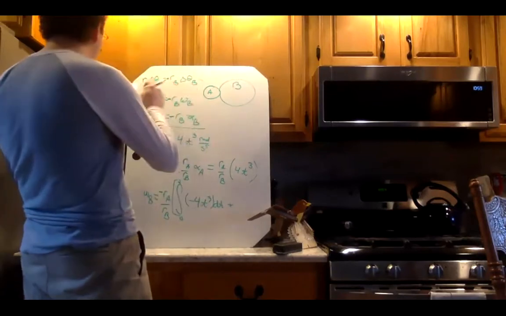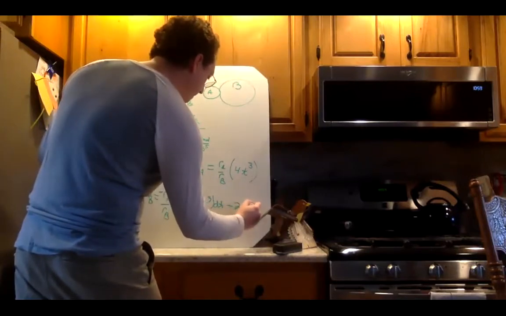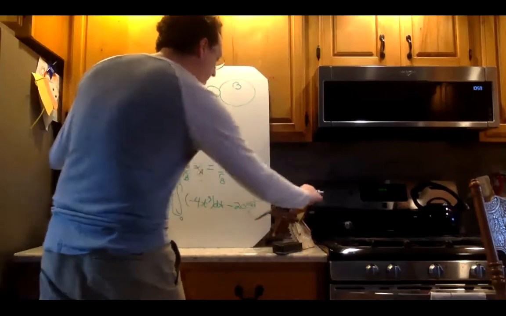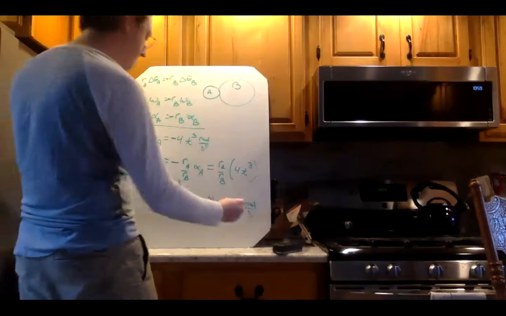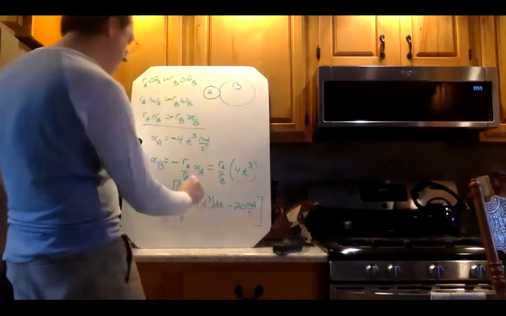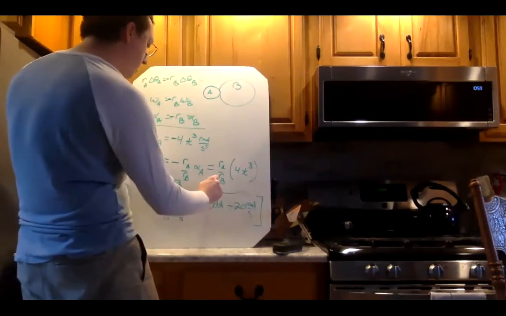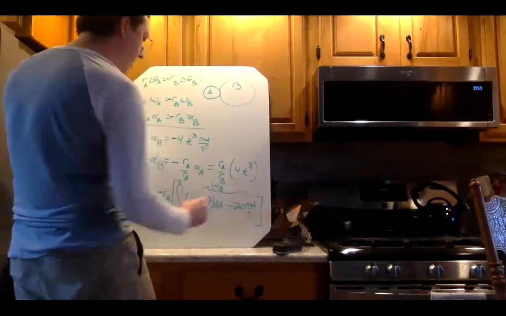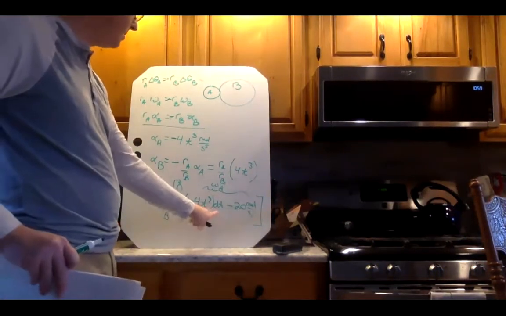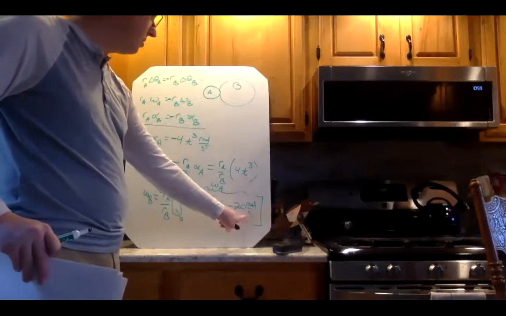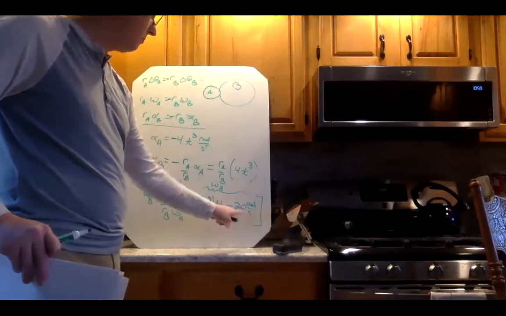Sorry, it's minus 20, because alpha was clockwise and so was omega. There you go. So this piece right here, after I do everything, is going to be omega A at time 2. So this is the integral of alpha A dt plus the initial angular velocity for A, which was negative 20.